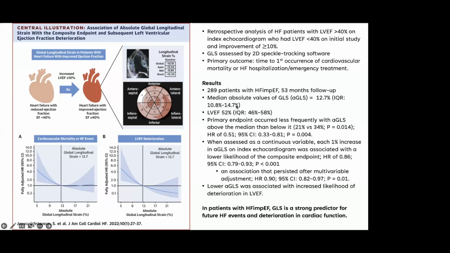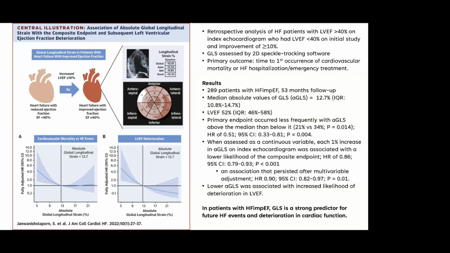And they found that the primary endpoint happened less frequently when the absolute GLS was above the median than below it. And then when they looked at GLS as a continuous variable, each 1% increase in the absolute GLS on the index echo was associated with a lower likelihood of the composite endpoint of mortality or heart failure hospitalization.